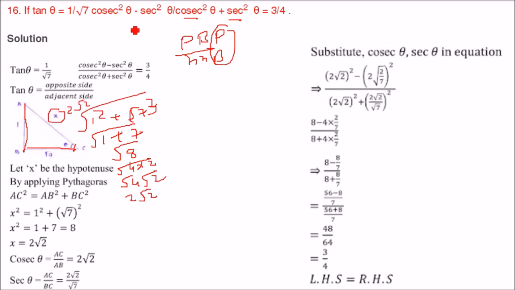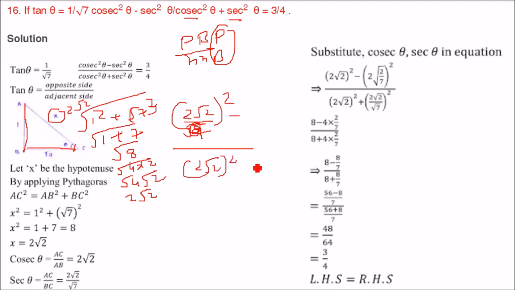So let us put the value. Cosec theta is hypotenuse by perpendicular. What is hypotenuse here? 2 root 2. Perpendicular is 1. Let me write in the denominator also 2 root 2 square.